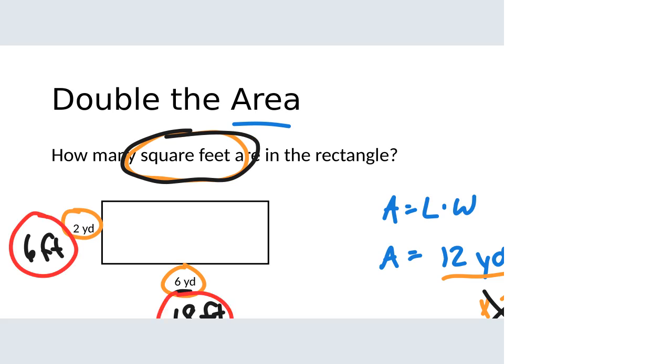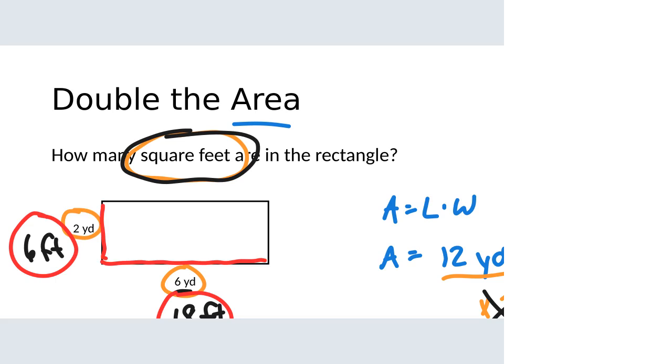The area is the length times the width, 6 times 18. That's 108 square feet. We know for sure this way is correct because this is 18 feet, this is 6 feet. So this answer here is the correct one.